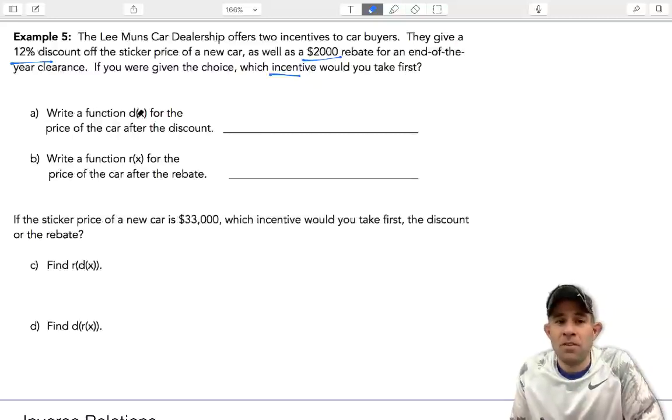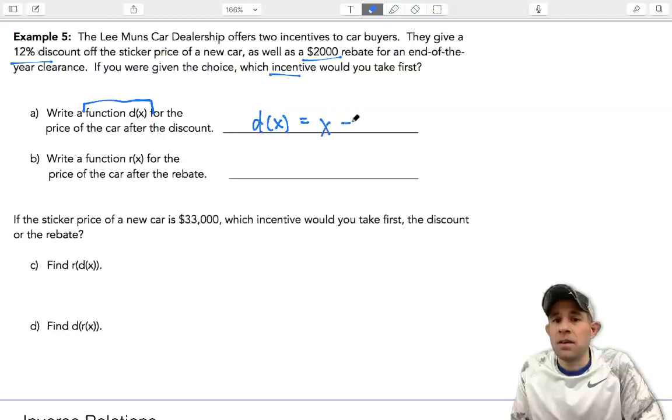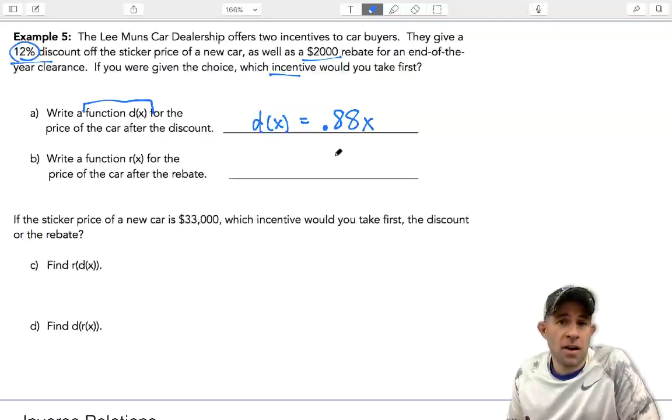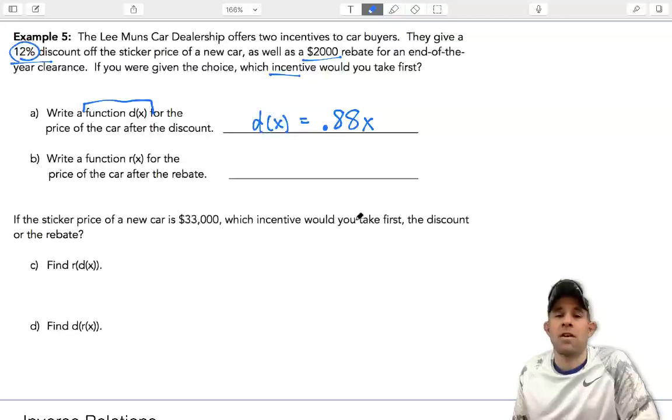Well, let's write a function for the discount. So the discount, d of x, is going to be, the discount is 12% off. So if it's 12% off, then it's 88% on, which means you're really only going to pay 88% of the car's value, not 100% of the car's value.